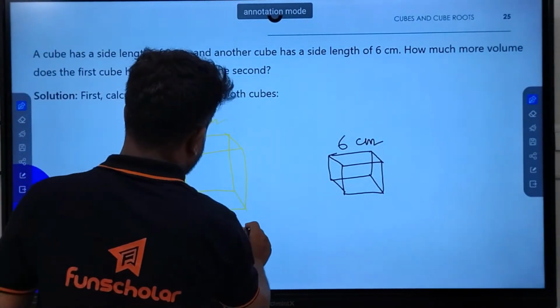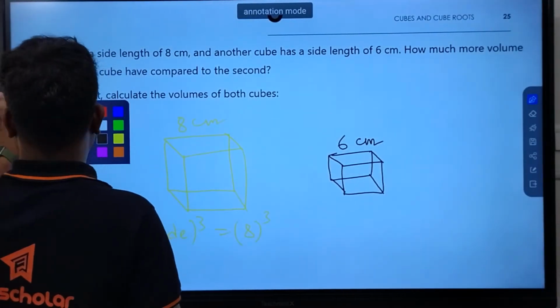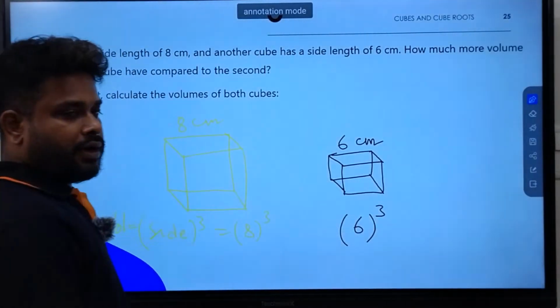So for this one, cube of 8, and for this one it will be cube of 6, right?